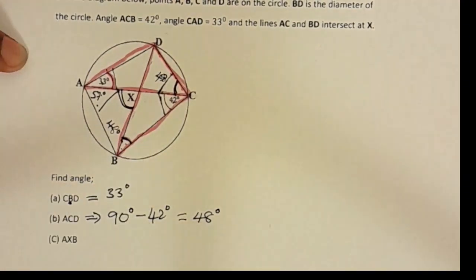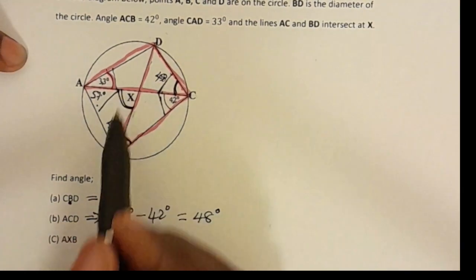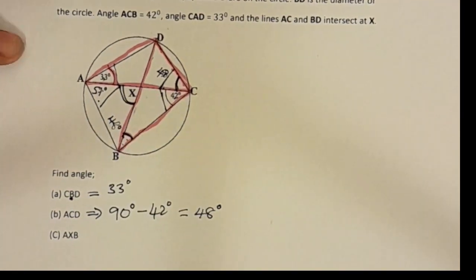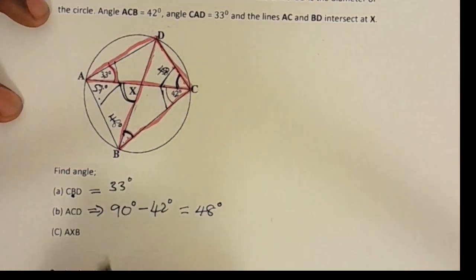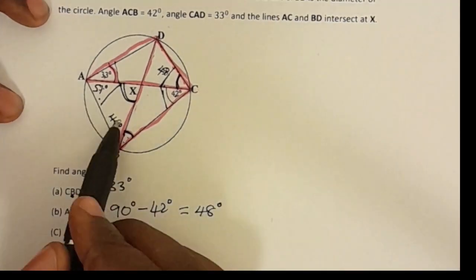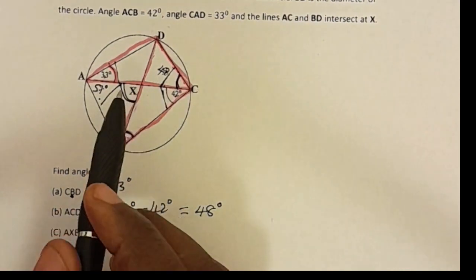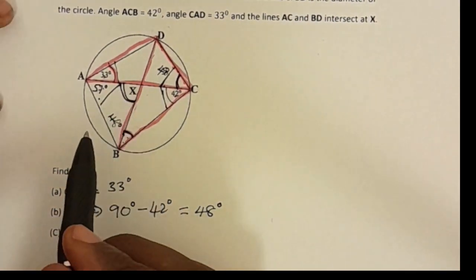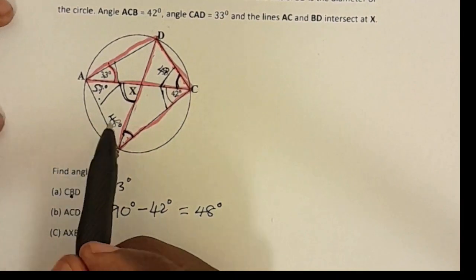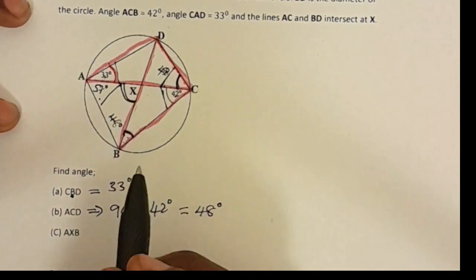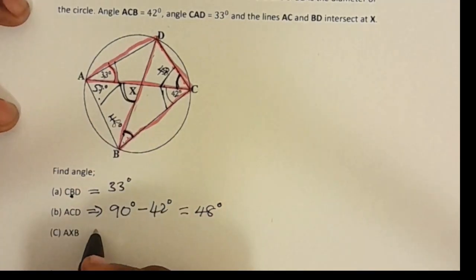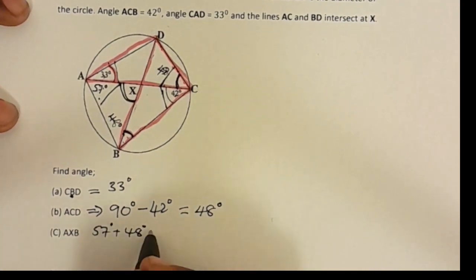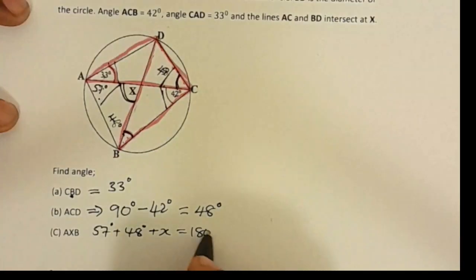So now to find the angle at X, we will add this plus this plus this, using the property of the sum of angles in a triangle, that is 180. So 57 plus 48 plus angle x should give 180 degrees.